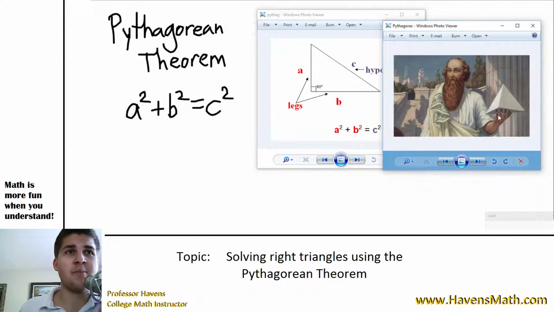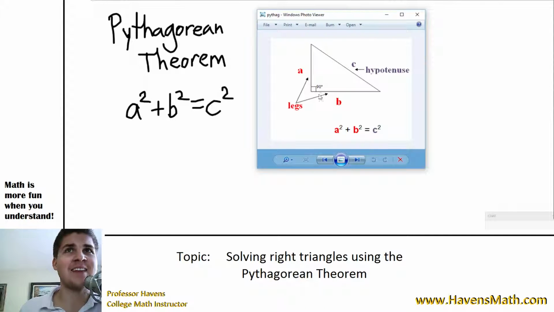So nobody's really sure exactly why it's called the Pythagorean theorem, but it is attributed to him, and it's thought that he and his students constructed the first proof of it. Again, no evidence of that, but anyways, it's called that, and this is again the result.